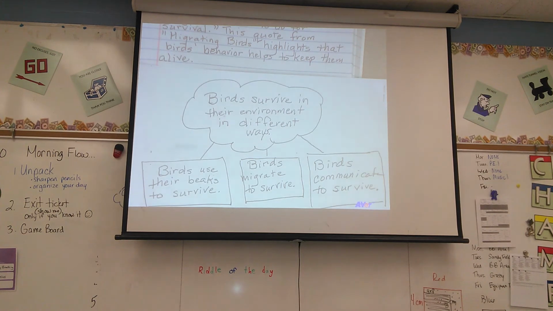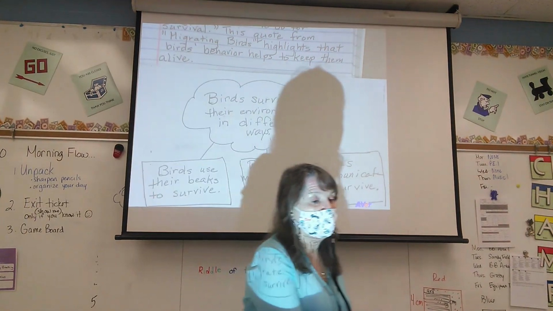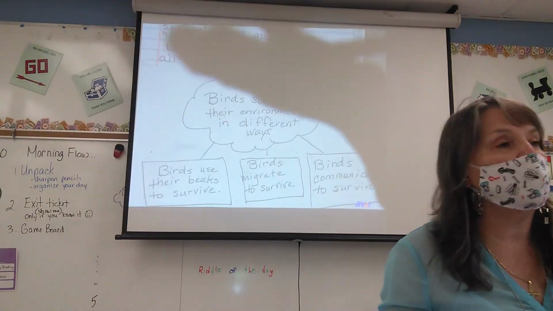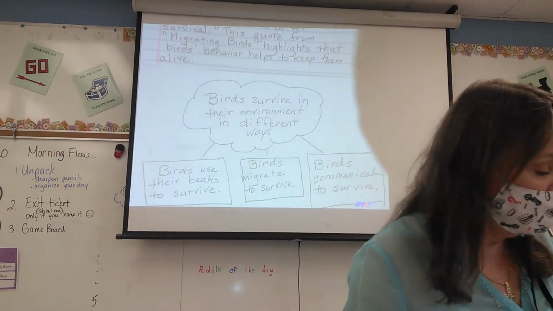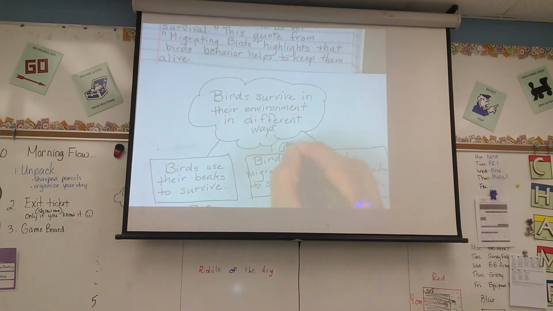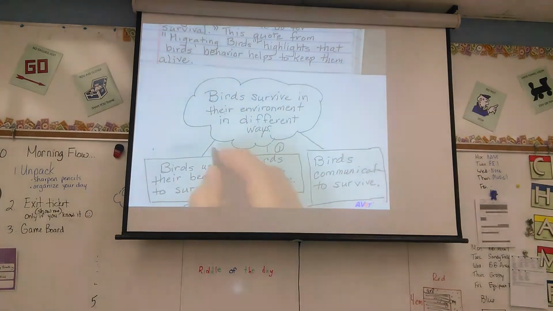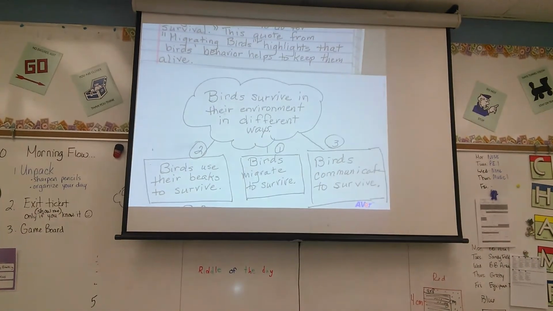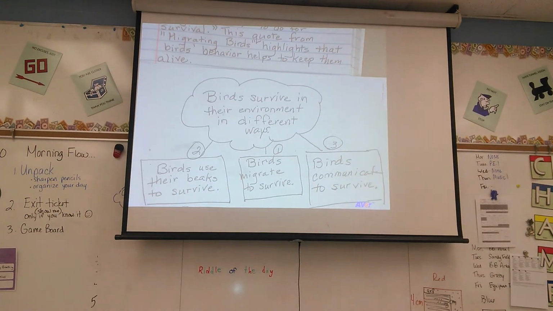So for me, when I go to write my introduction, my body paragraphs, and my conclusion, I am going to start with this one right here. Then I'll talk about this one, then I'll talk about this one. And I can go ahead and just put a number right on my plan. I don't have to erase it and reshift it. This just tells me which one to do first.